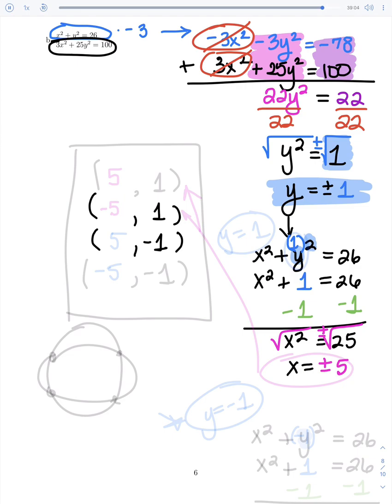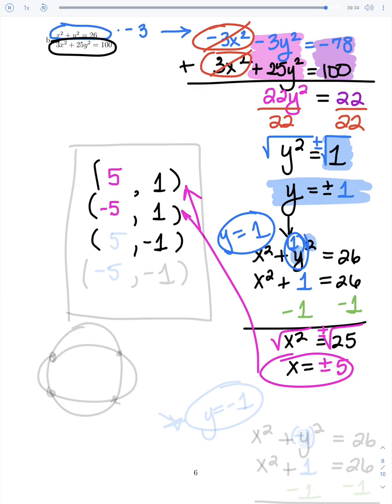So when I plug in y equals 1, I get two x's. My y equals 1 gave me 2 points, an x of 5 and an x of -5.